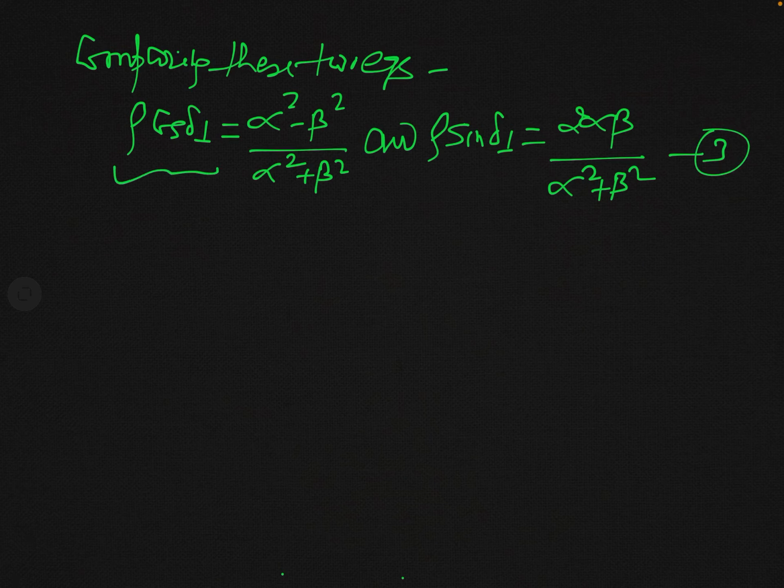Now from these two results we can find the value of rho, which is an unknown quantity till now, and the value of this delta perpendicular. So when we square this and after squaring we add it, what will be our result?